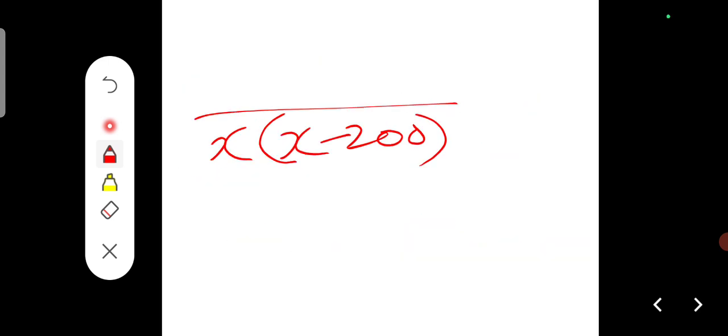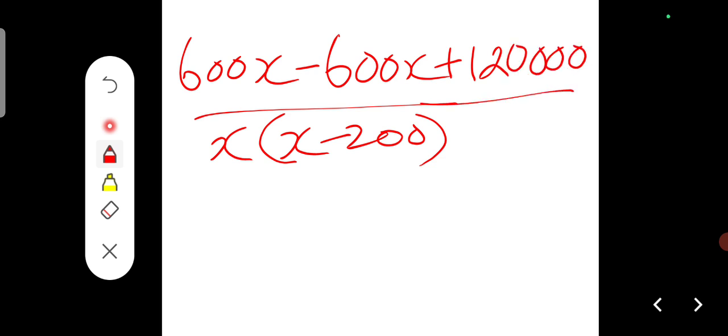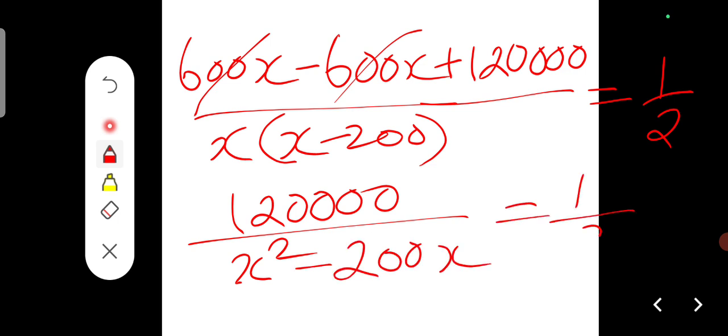Then when you do cross multiplication, 600x minus 600x, minus into minus plus, 120,000 is equal to 1 by 2, since 600x minus 600x gets cancelled. So 120,000 by x square minus 200x is equal to 1 by 2.